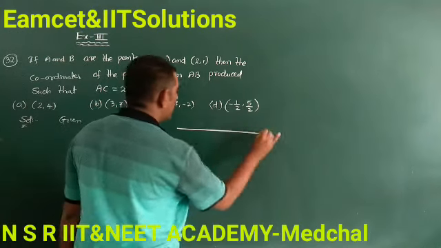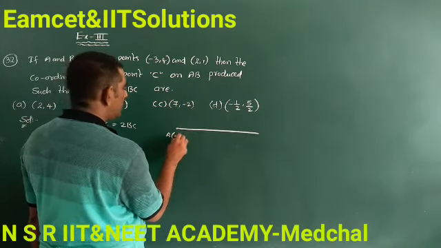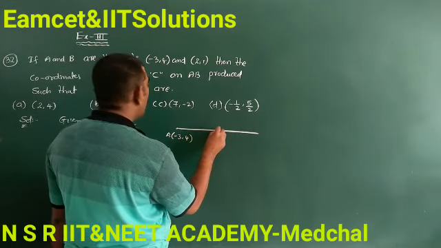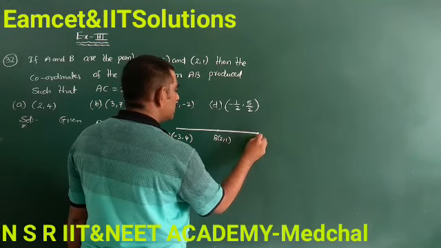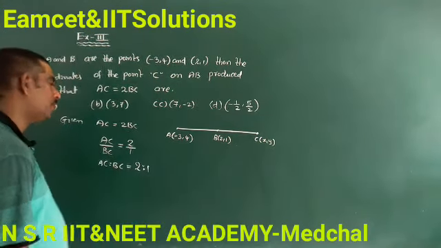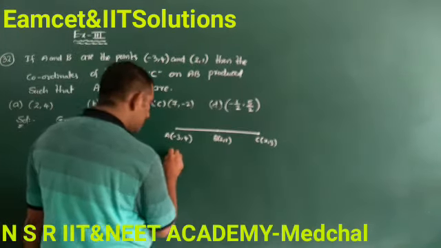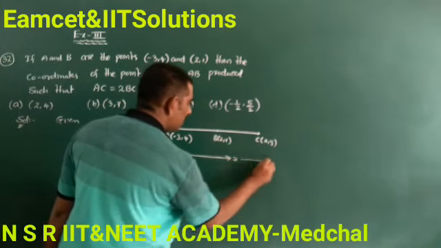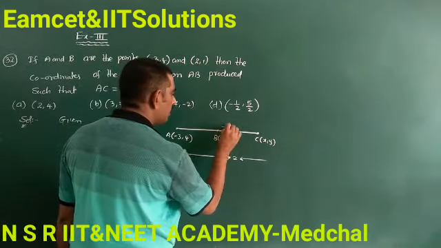So see here, this one is A (minus 3, 4) and B is (2, 1). Next C, we don't know C, let us consider C as (x, y). So the distance from A to C is 2 and the distance from B to C is 1.